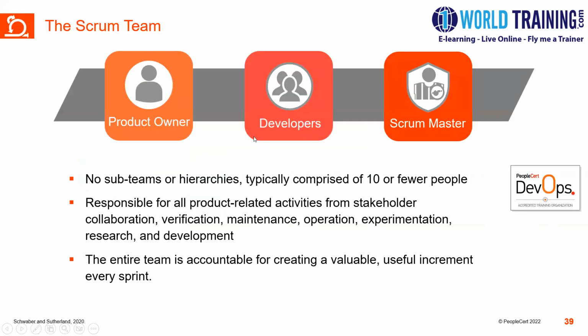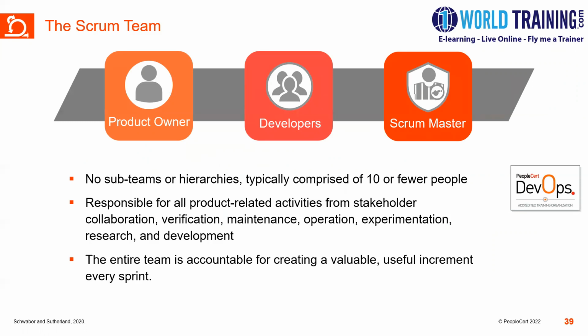So a Scrum team has three main roles. The first one is the product owner, then developers, and Scrum Master. There are no sub teams or any kind of hierarchy in the Scrum team. Scrum is a relatively flatter organization.